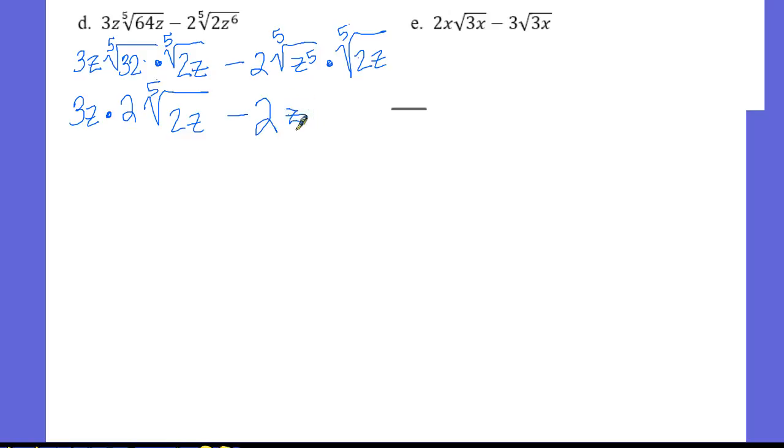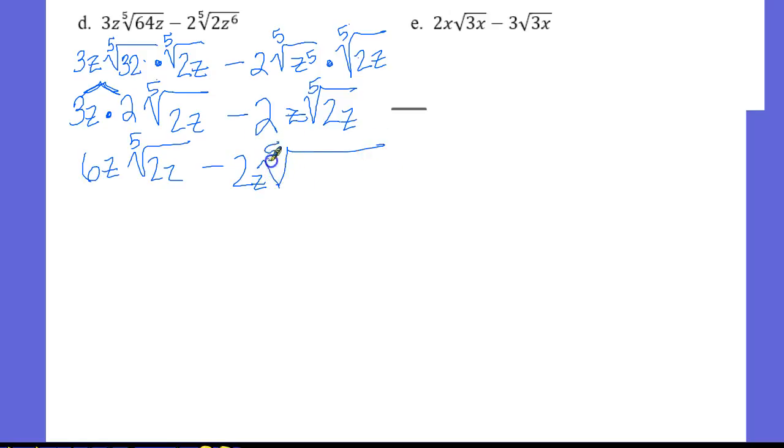It's just z, fifth root of 2z. Got it? Are they like radicals? We're going to go ahead and put these two together. You guys agree that that's 6z, fifth root of 2z, minus 2z, fifth root of 2z?